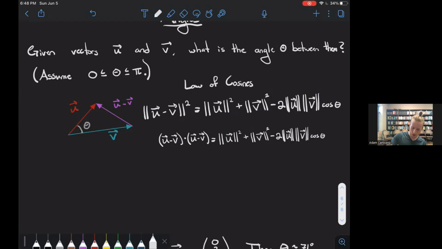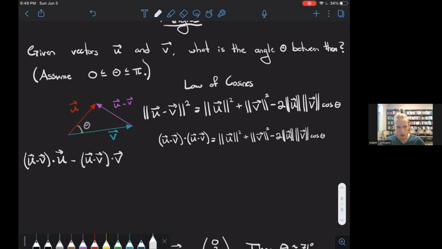This left-hand side, u minus v dot u minus v, is u minus v dot u, minus u minus v dot v.